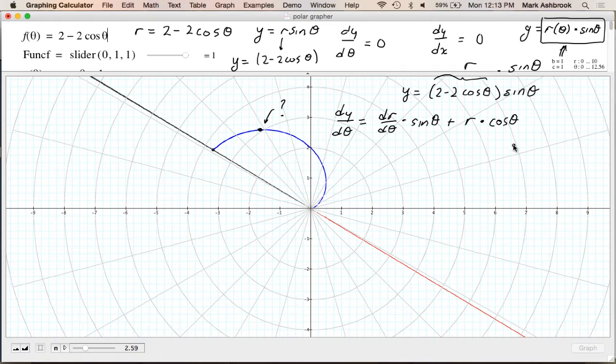See that? And so what would dx d theta be? Derivative of the first times cosine theta plus the first times negative sine theta.